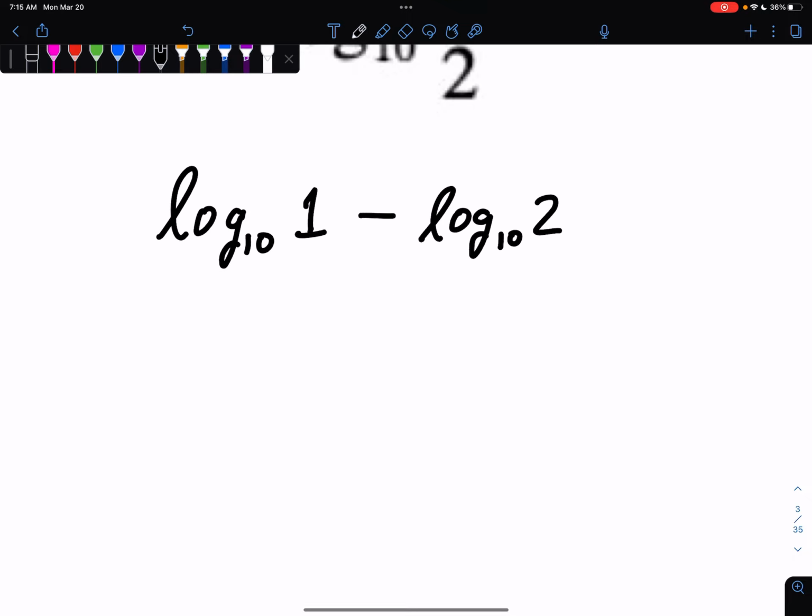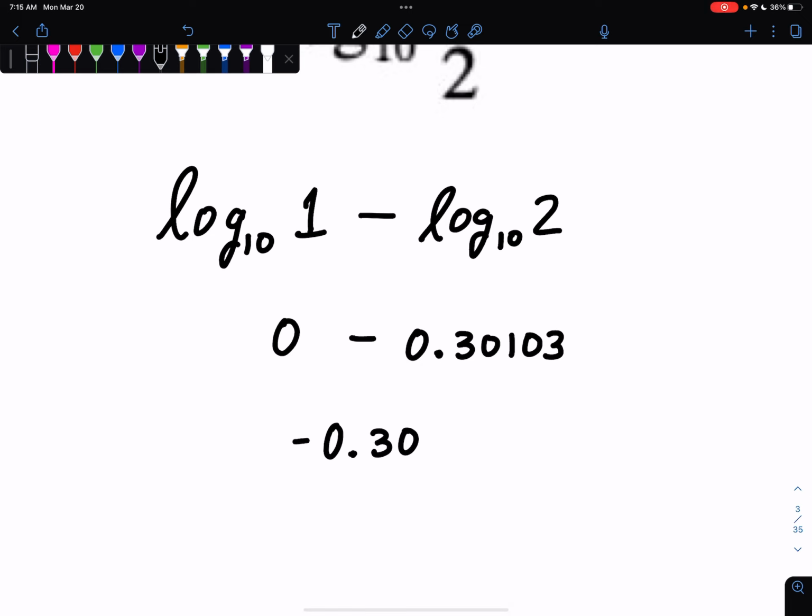Remember also when we did our rules last time for logarithms, it said taking the log of 1 would always give you a 0. And using my calculator for the second one, I'd get 0.30103. So this would be negative 0.3010. There we are.